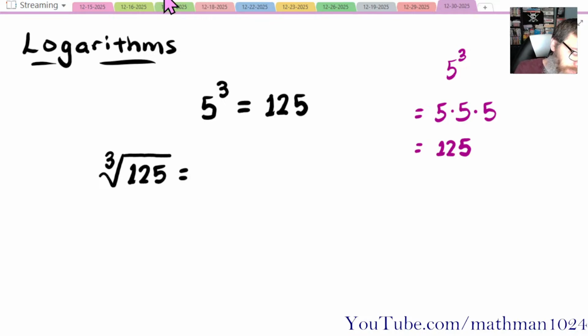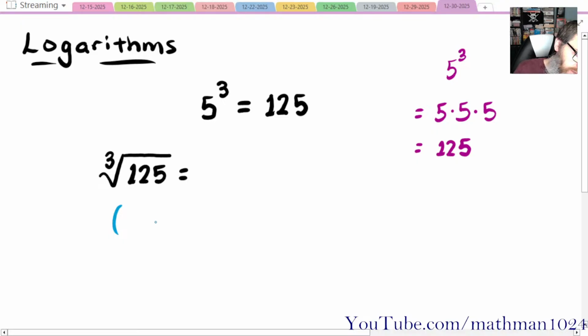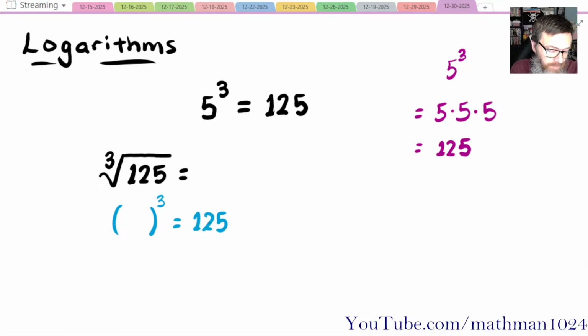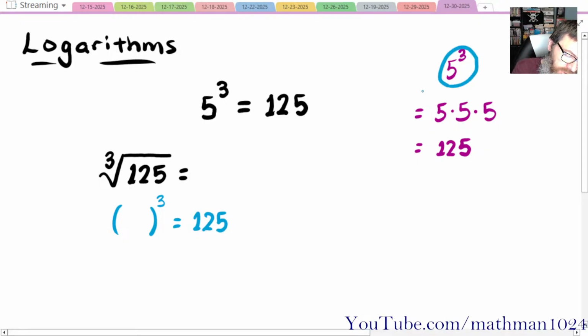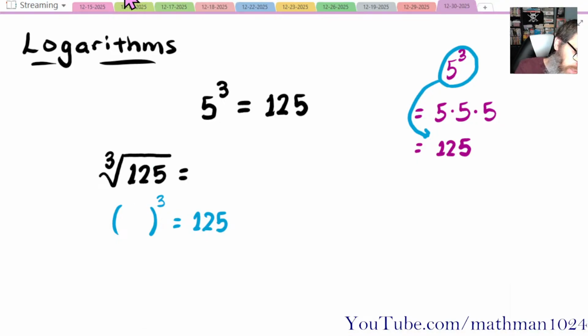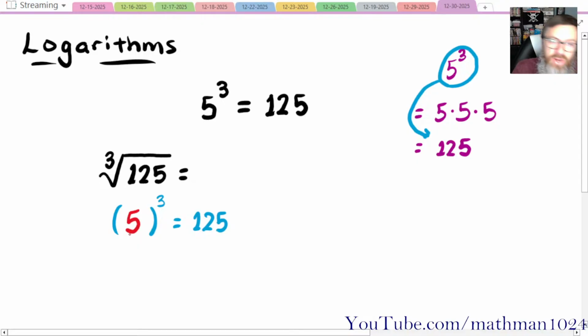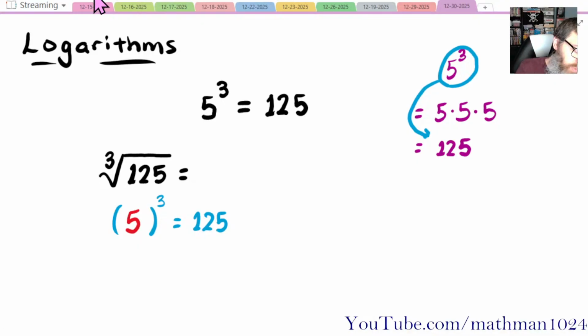And the way that we would approach this is that we would be thinking, okay, what to the third power equals 125? And then it was our job to figure out what goes in the blank. Okay? So you could look at your list of powers and you would eventually find that 5 to the third is what gives us 125. And so we know that we would fill in a 5 right here, and that's our answer. So the cube root of 125 is 5.